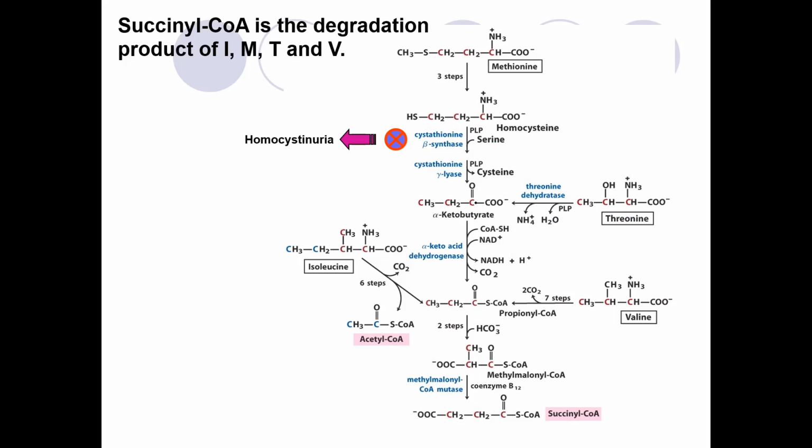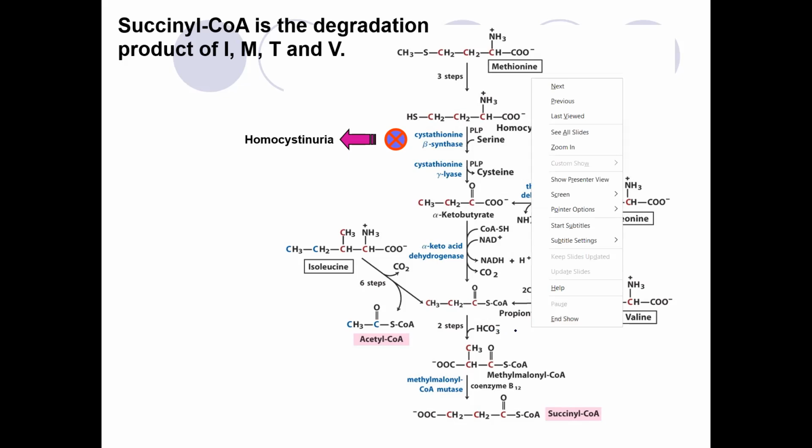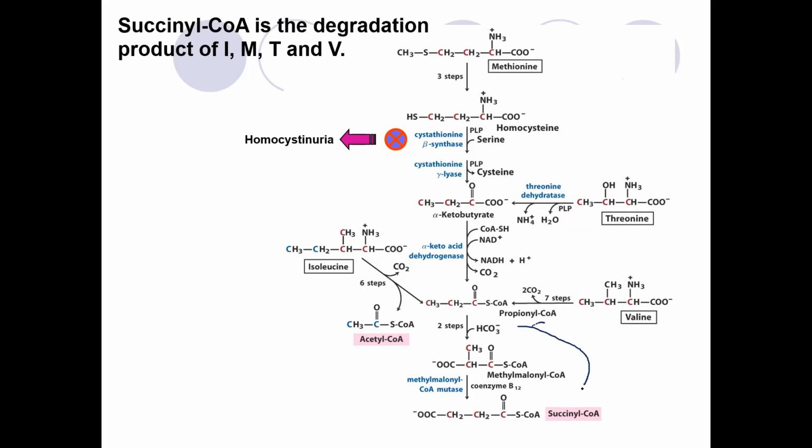Threonine is also converted to alpha ketobutyrate. Alpha ketobutyrate dehydrogenase will convert this to propionyl coenzyme A. That then undergoes the reactions of beta oxidation that eventually convert it to succinyl coenzyme A.